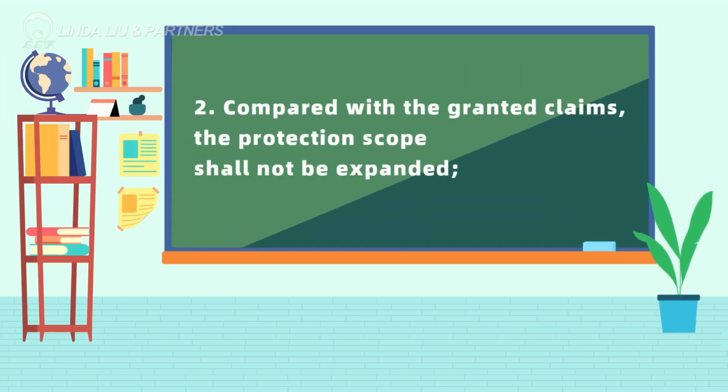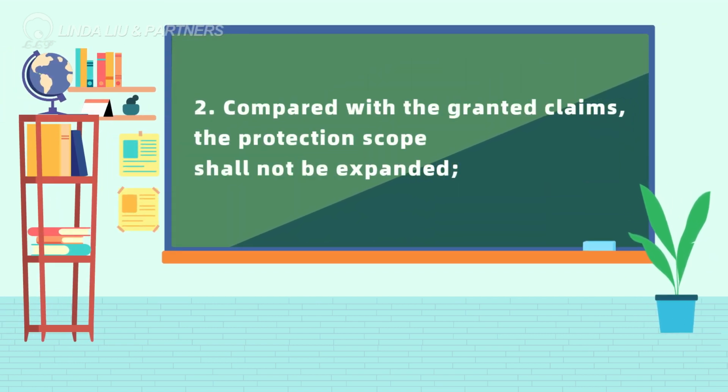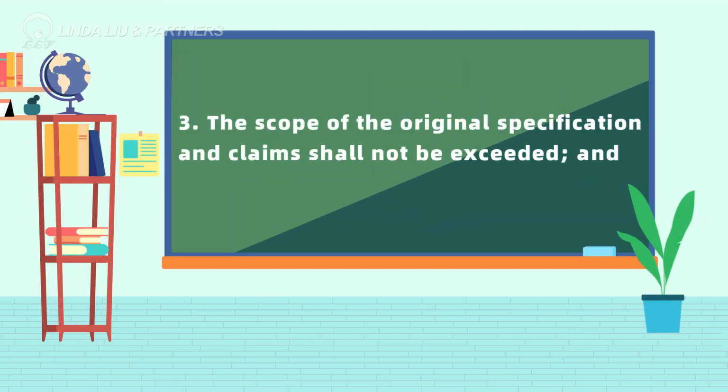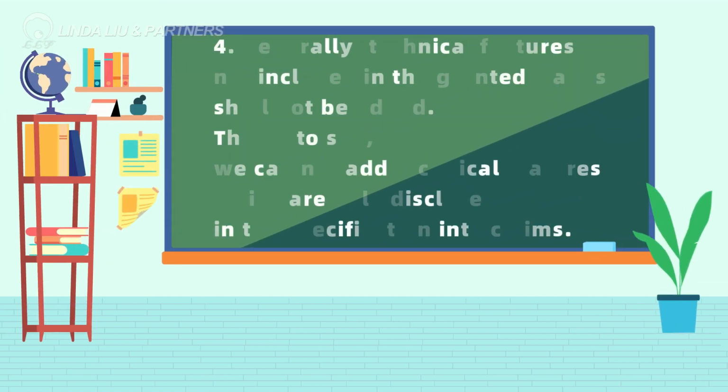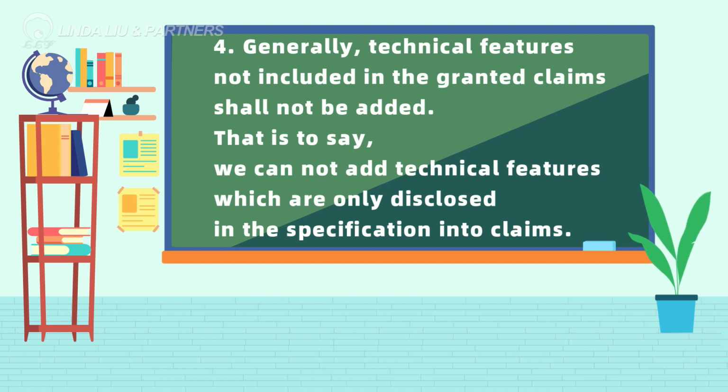Compared with the granted claims, the protection scope shall not be expanded. The scope of the original specification and claims shall not be exceeded, and generally, technical features not included in the granted claims shall not be added. That is to say, we cannot add technical features which are only disclosed in the specification into claims.